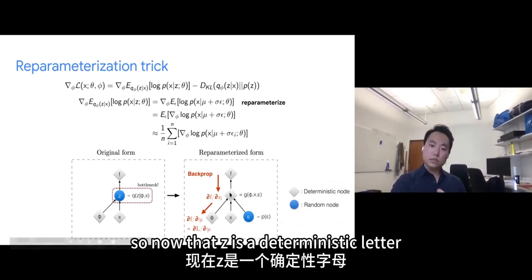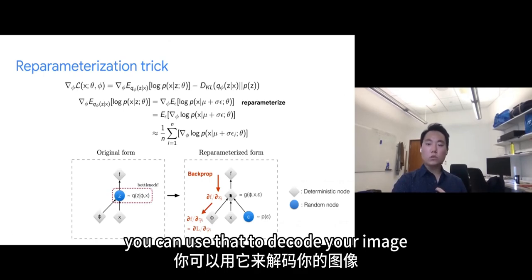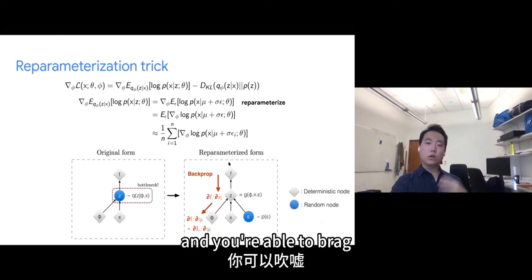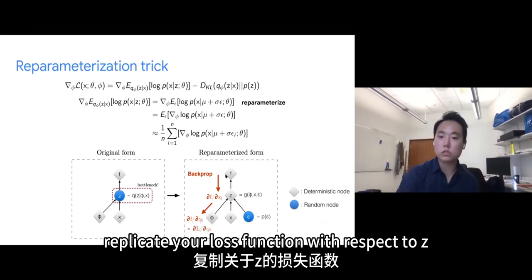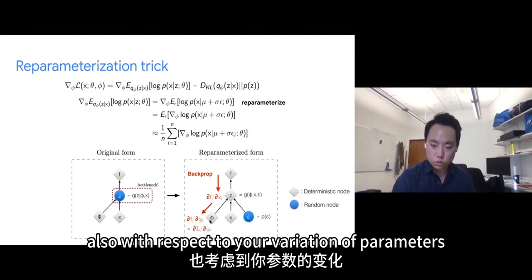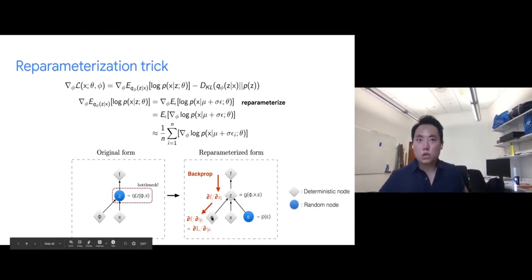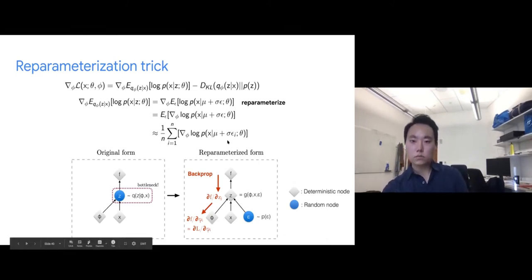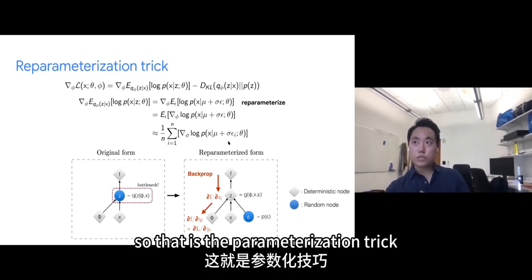So now that Z is a deterministic vector, you can use that to decode your image and define your loss function. And you're able to backpropagate your loss function with respect to Z, which is now deterministic, and also with respect to your variational parameters, which actually produced this mean and variance in the first place. So that is the reparameterization trick.